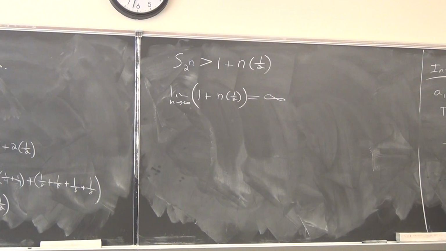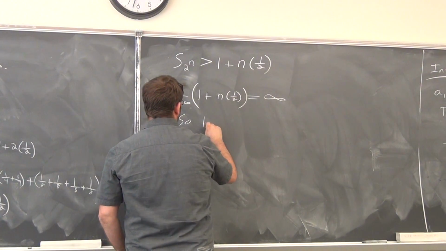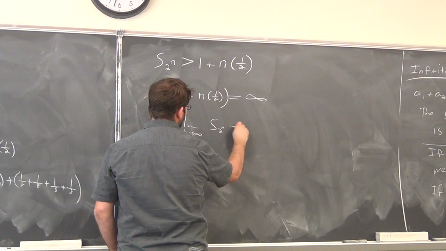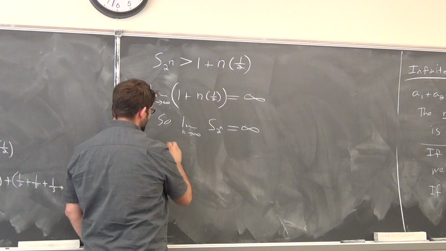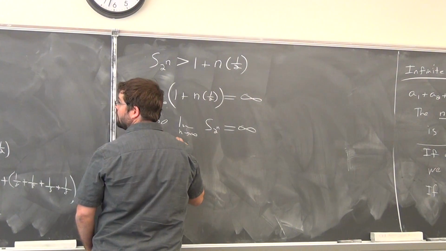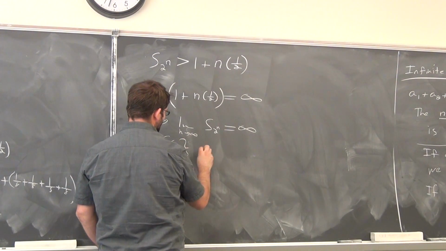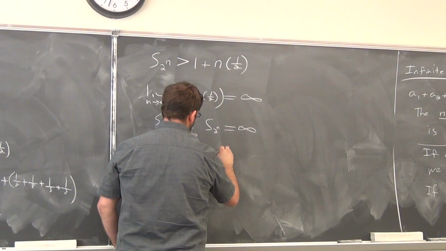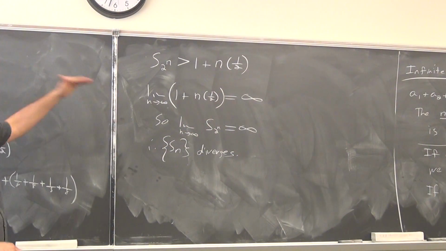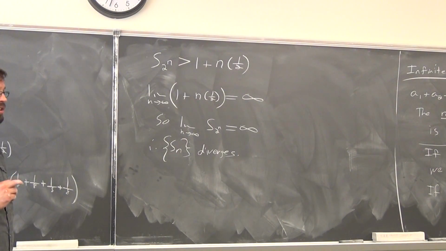And so S sub 2 to the n is bigger than that, and so the limit as n goes to infinity of S sub 2 to the n has to also be infinity, therefore the sequence of S sub n has to diverge. And so again, we kind of have this notion of it converging to or going off to infinity. That's also considered a divergence.